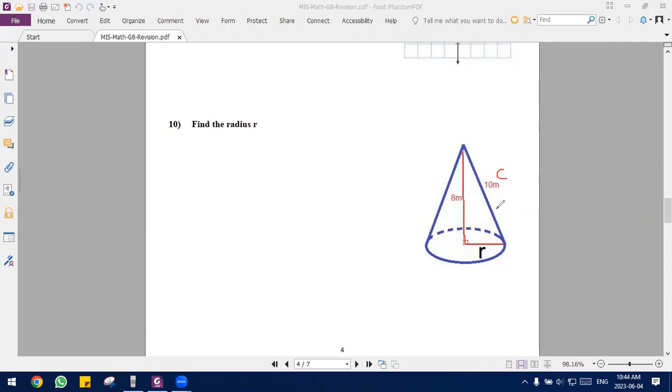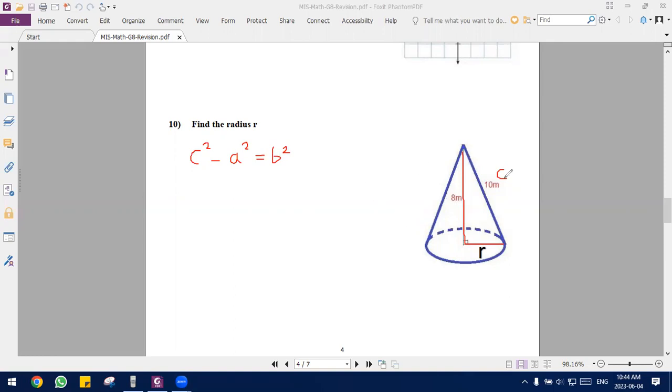So here I'm not trying to find the hypotenuse. No, I need to find one of the right angle sides. So then here, what will be the formula? C square minus A square is equal to B square. So if you have the hypotenuse, you should use minus.